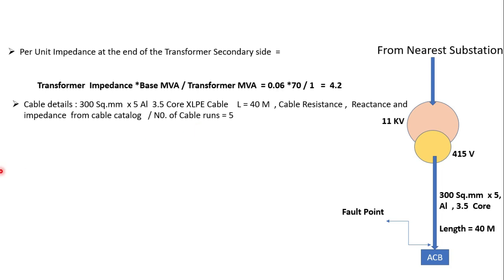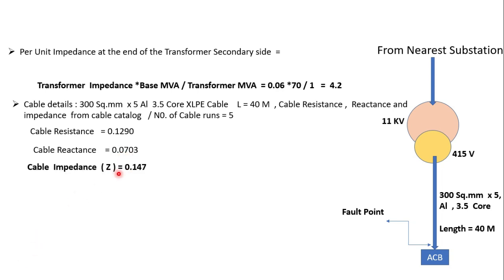So the number of runs is 5. The cable resistance is 0.1210. This is taken from the Polycab cable catalog. And the cable reactance is 0.073.